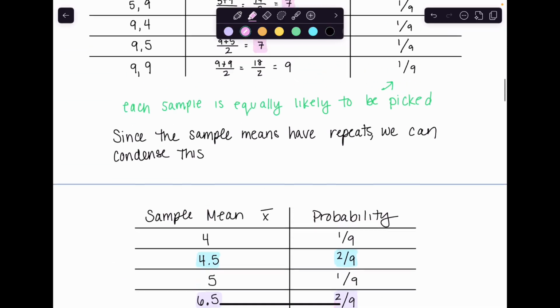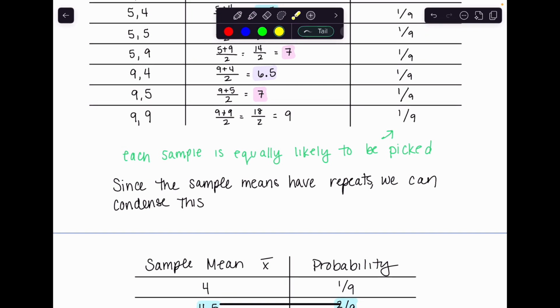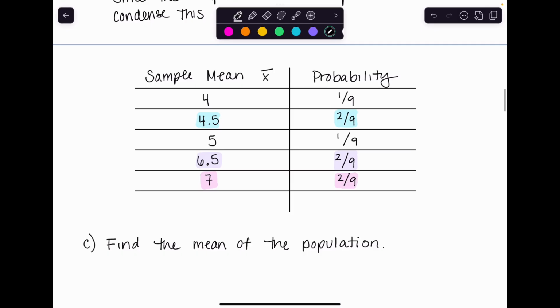And then last but not least, my last biggest value is a sample mean of 9, and that occurs a single time from here. So one thing that you might notice now is if you go ahead and add all of these up, 1 plus 2 is 3, 4, 5, 6, 7, 8, 9.